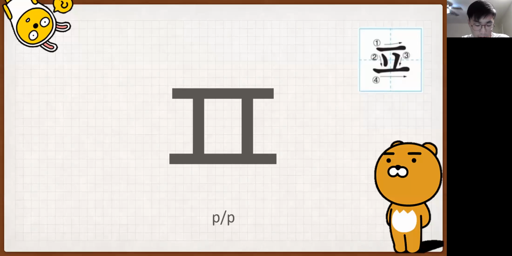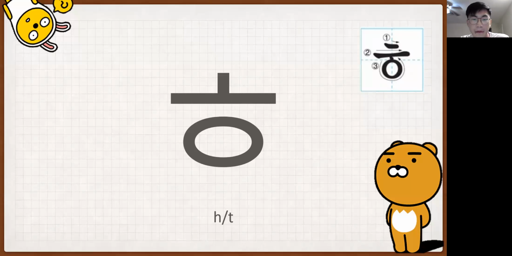Next one is 피읕. It sounds similar to 비읍. This is 피읕. This is 히읗. It makes the H sound.